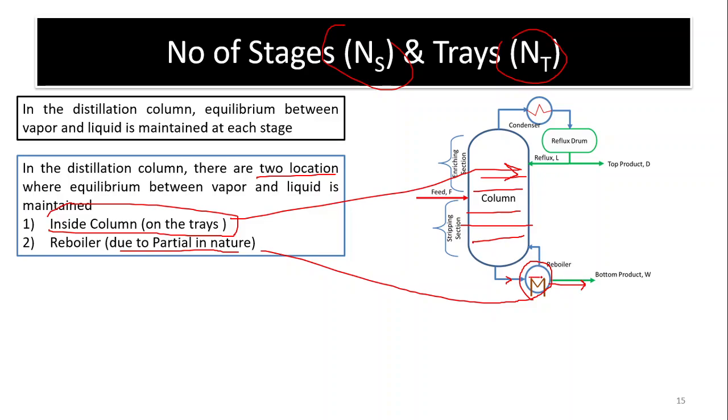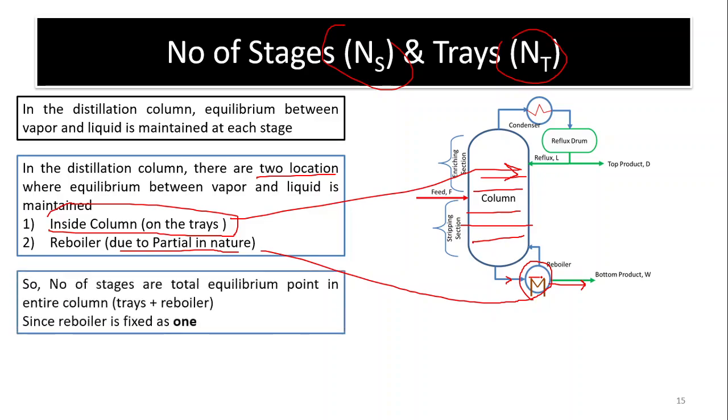This is the position where the equilibrium is established. So there are two main locations: one is the reboiler and the second is the column. So the number of stages is the total number of equilibrium points in the distillation column. Total means both: all the trays that are available for the equilibrium and the reboiler that is available for the equilibrium. So we have to count all the equilibrium points for the number of stages.